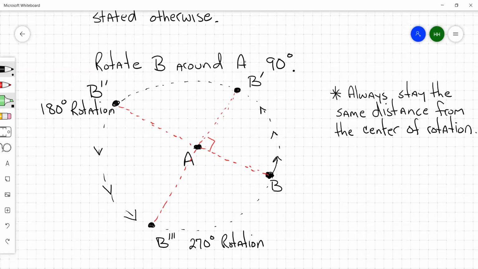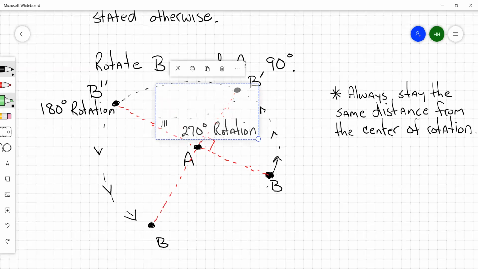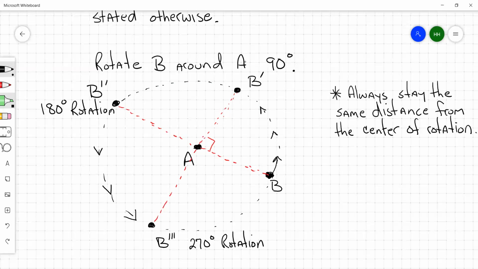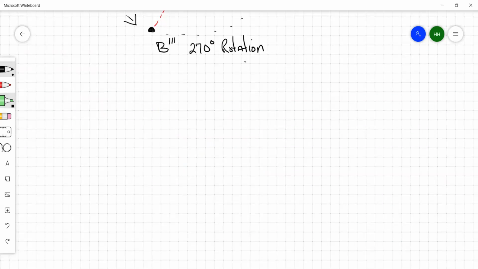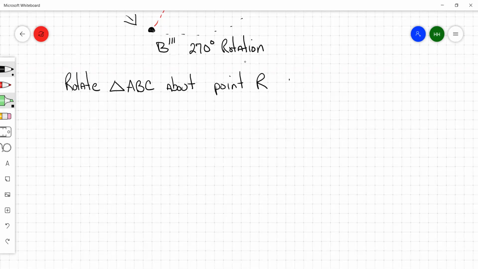If you have to rotate a shape around a point, come on, man, what is going on with this thing? Just the whole screen. Let's rotate triangle ABC about point R, 120 degrees.